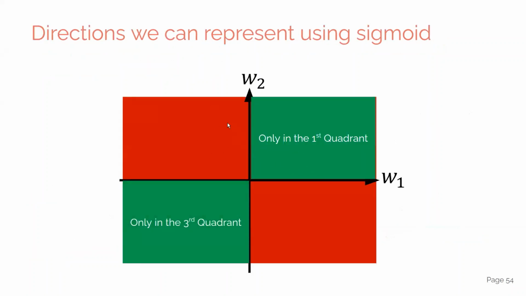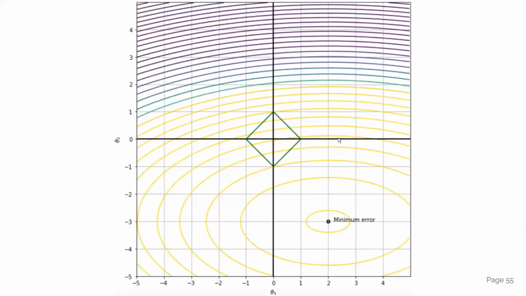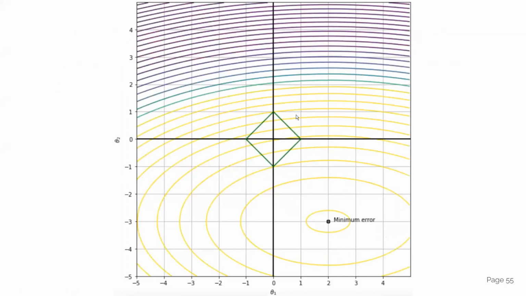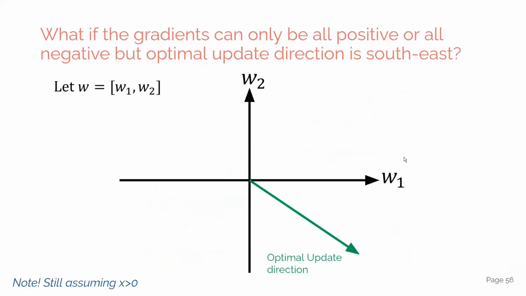The directions that you can represent using sigmoid could only be in the first quadrant or third quadrant. What does that mean? For example, this is the minimum error that you have, and this is the optimal update direction. So this is what's going to happen given that input.